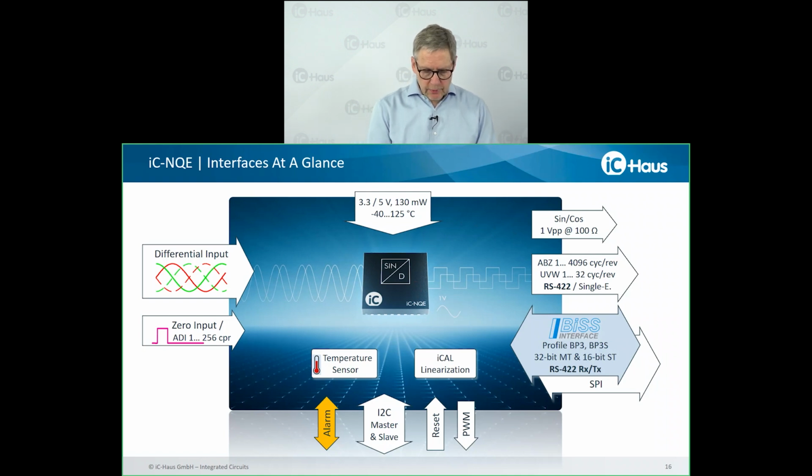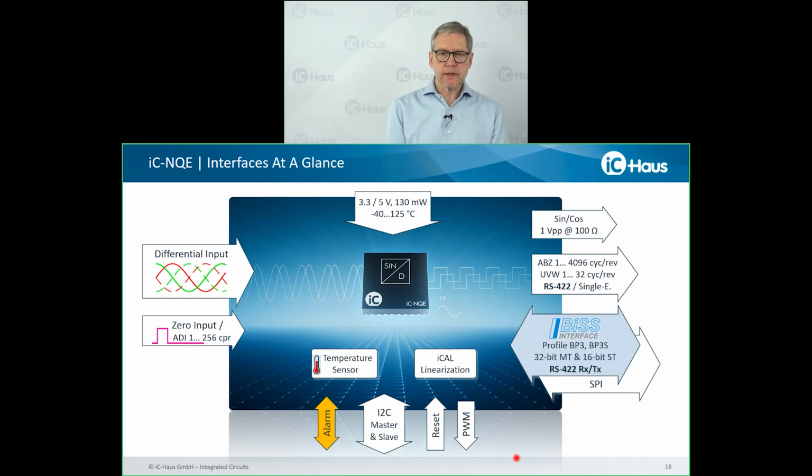We included cable drivers for a differential 1 volt peak sine-cosine signal, cable drivers for RS-422, allowing you to output ABZ or alternatively UVW, an embedded transceiver for BiSS, so this is directly the receiver and differential transmitter for the cable. Alternatively, or when not using this interface, you can go on a 4-pin SPI for embedded applications.